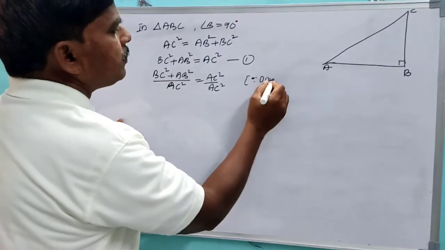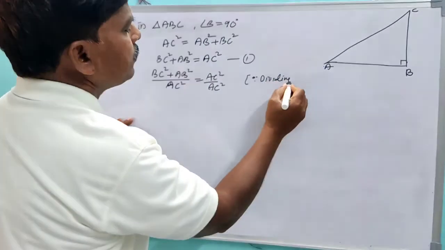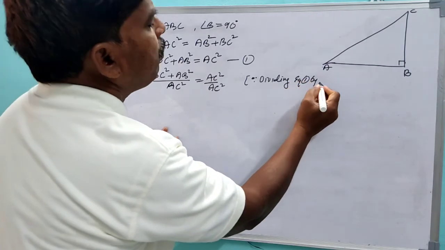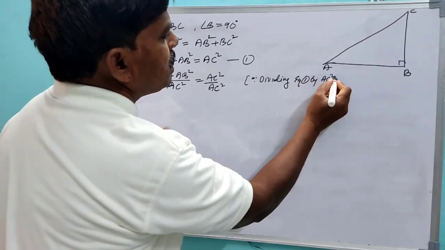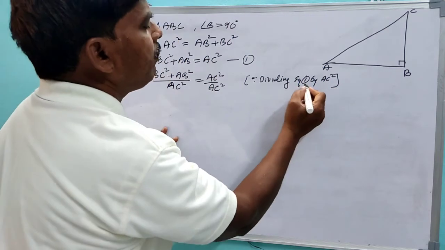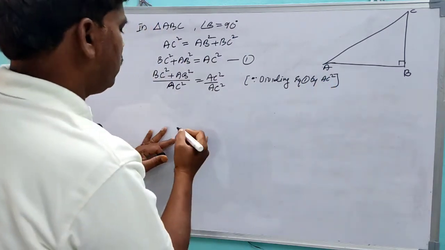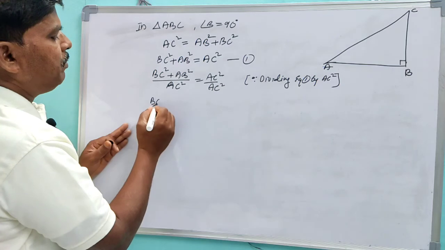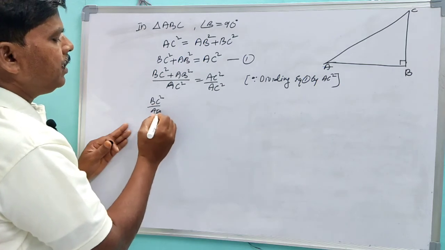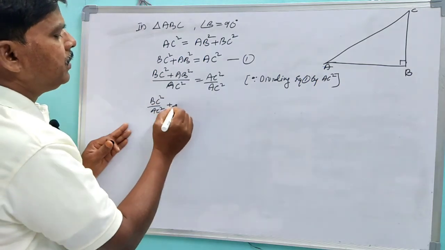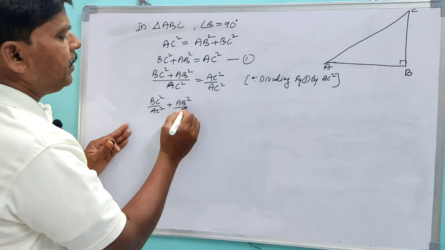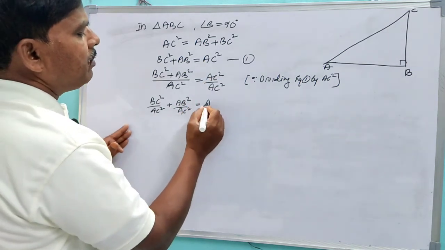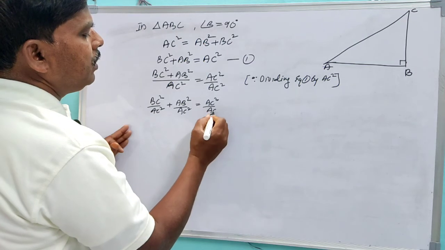Dividing equation 1 by AC square, this can be written as BC square by AC square plus AB square by AC square is equal to AC square by AC square.